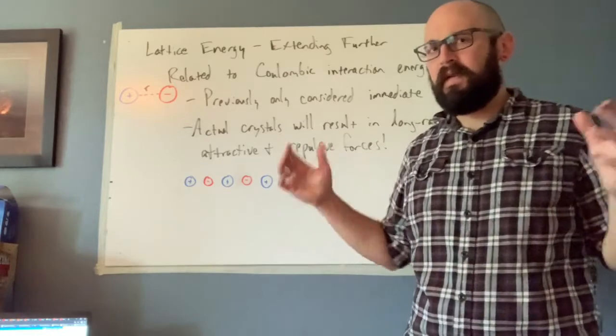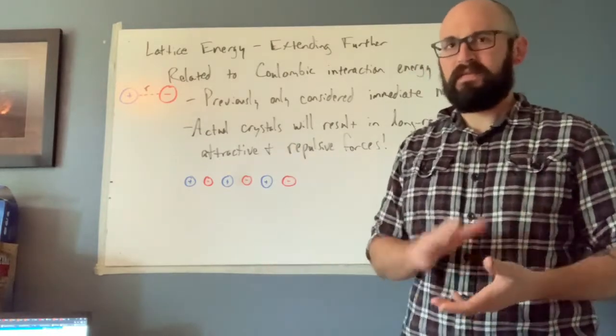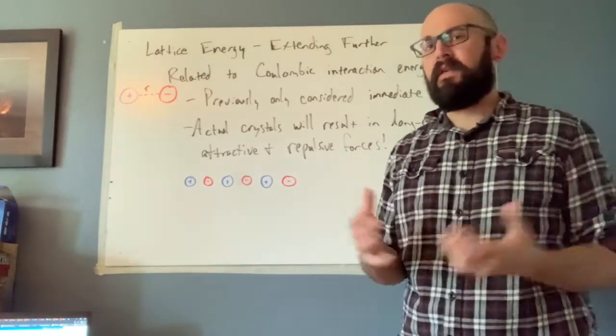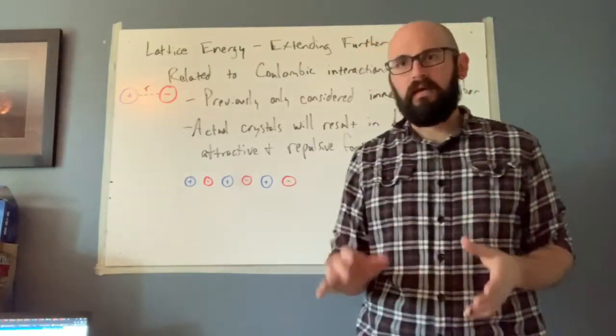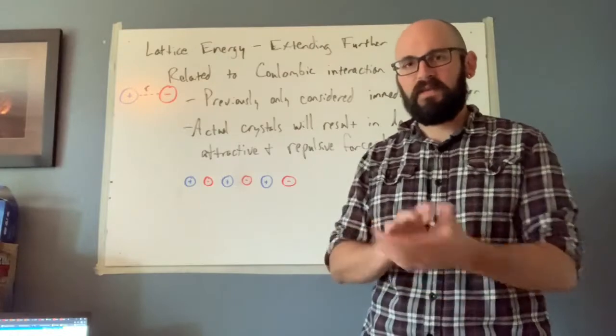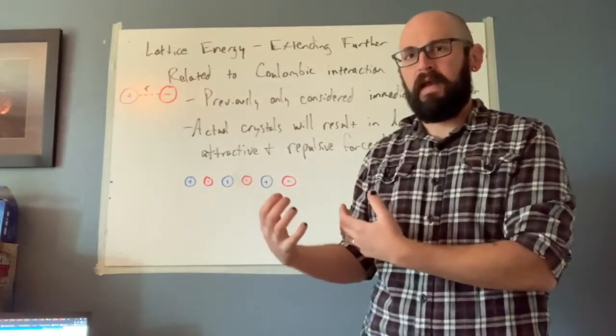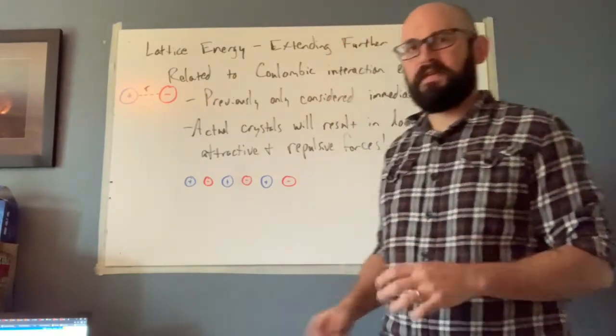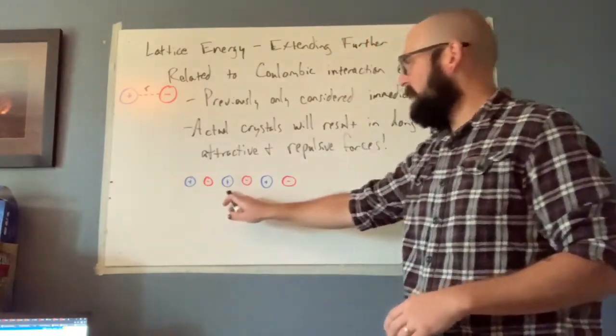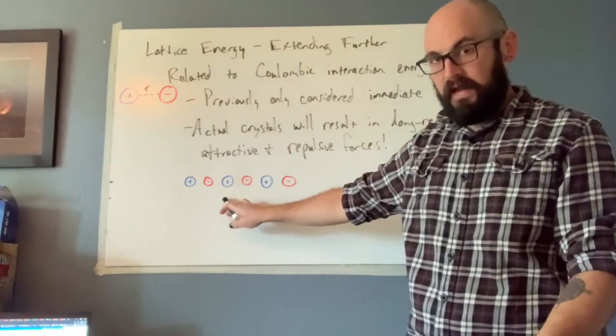However, when we're talking about extended solids, we're talking about the crystalline state. This is an infinite solid. We don't just have the nearest neighbor interactions. It's not just an attractive force between a cation and the neighboring anion. In addition to that, we have repulsive forces between this cation and the nearest other cation.